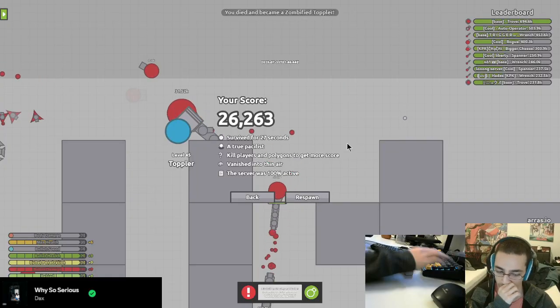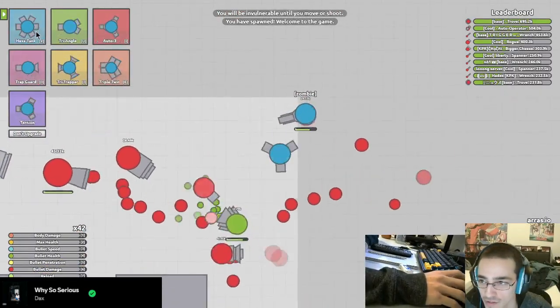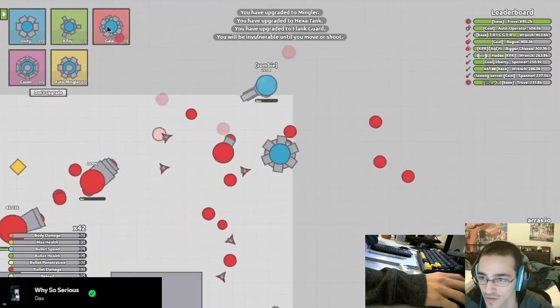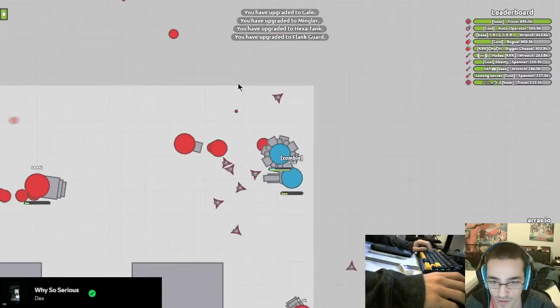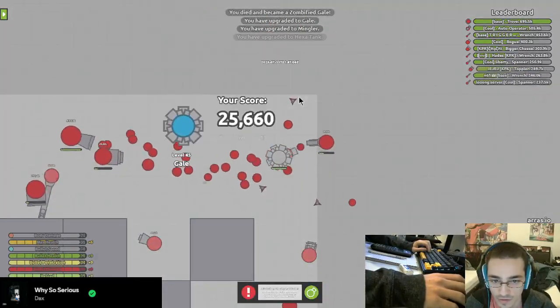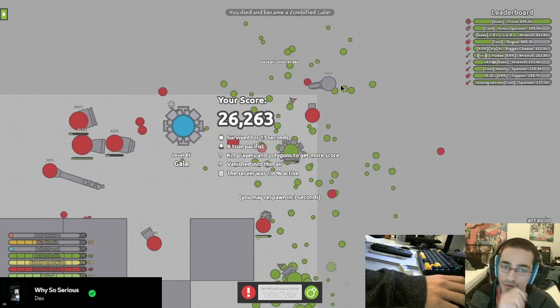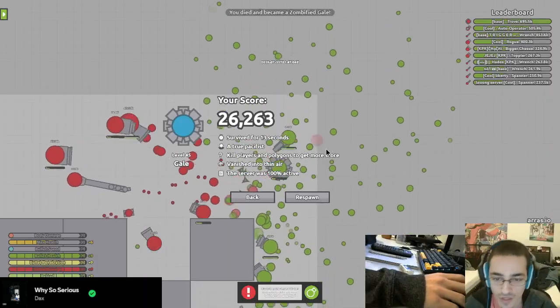What is a good zombie horde tank? Okay, I'm thinking the Gale, maybe. Let's try that. Alright, let's get killed by this thing. That would be a good zombie tank, I think, because he'd be shooting at the other people.